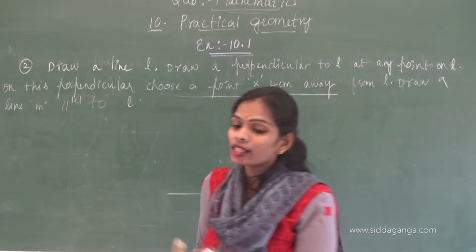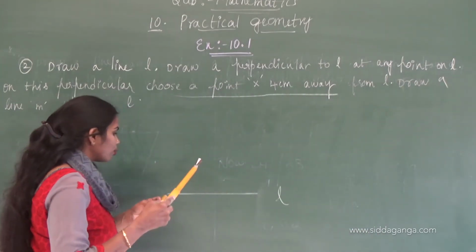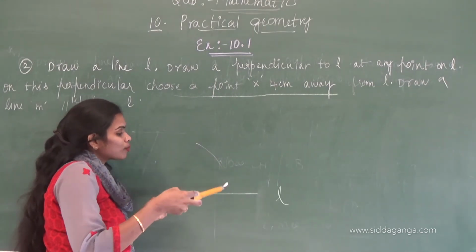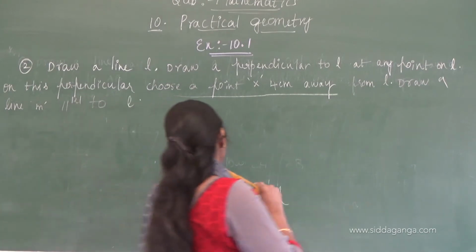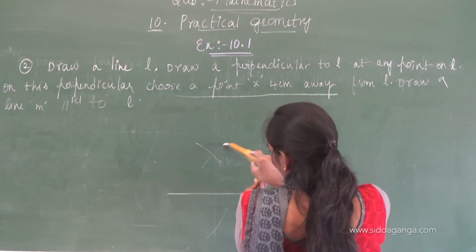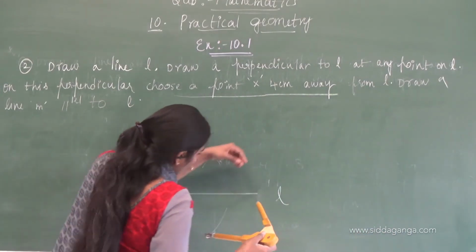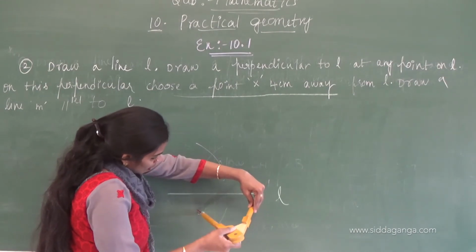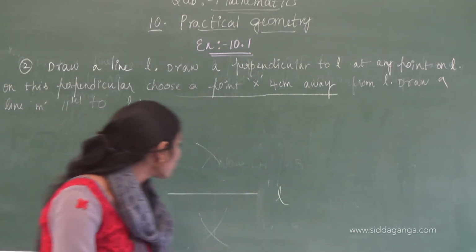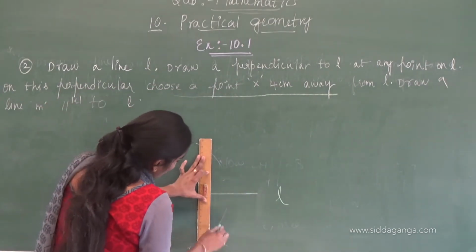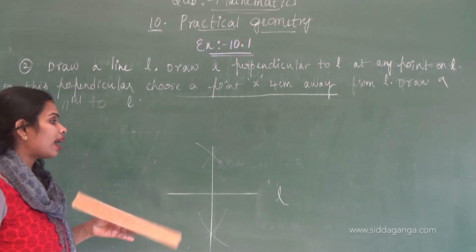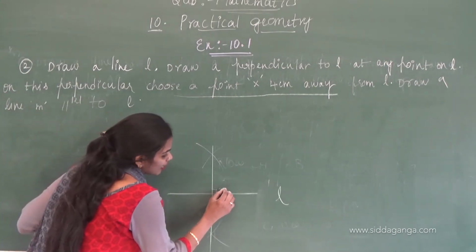To draw the perpendicular line above the line segment, we have to draw one arc upside and one arc downside. From the other tip also, we have to draw one arc upside and one arc downside, and then we join the two points of intersection, then we will get a line which is perpendicular to L, correct. Here the angle will be 90 degrees.